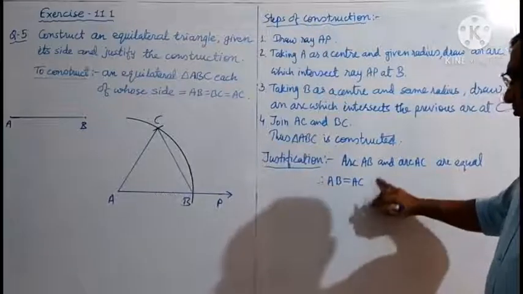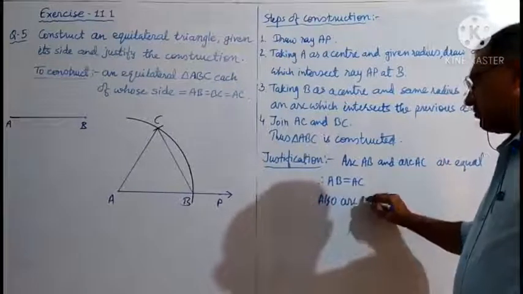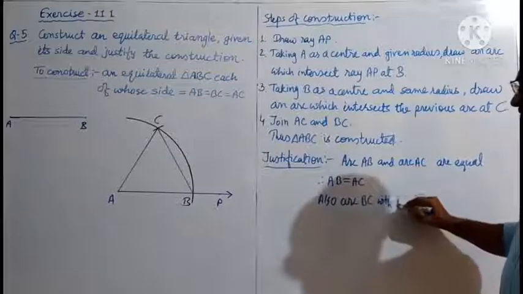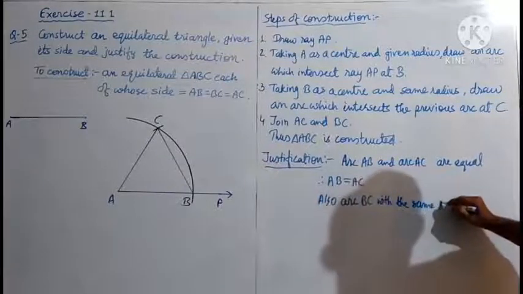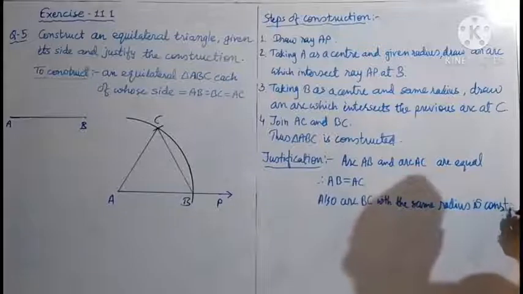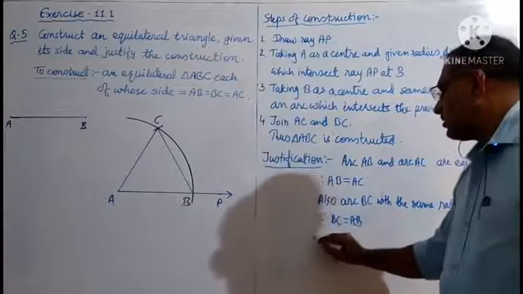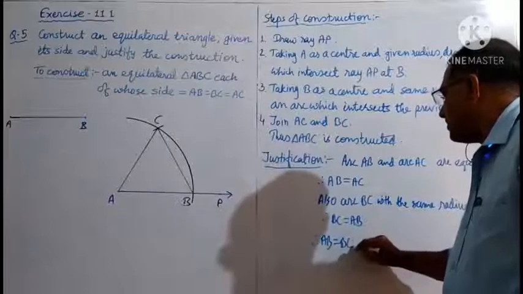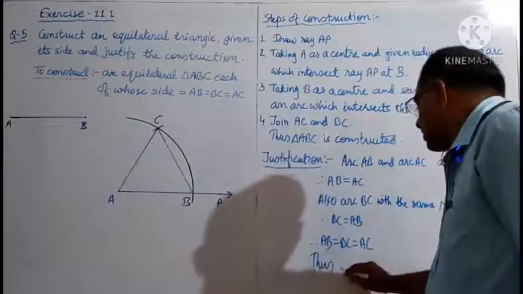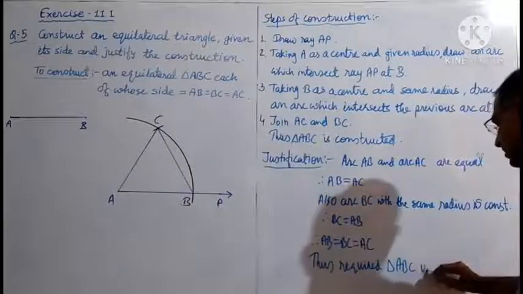Also, arc BC with the same radius is constructed, and therefore BC is equal to AB, and therefore AB is equal to BC is equal to AC, and thus the required triangle ABC is constructed.